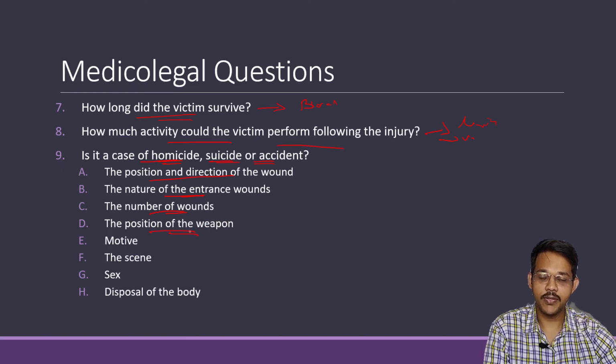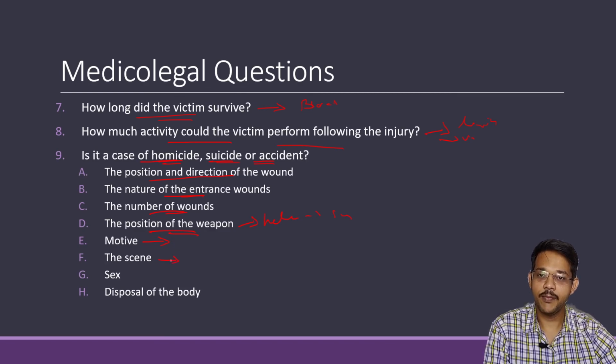Position of the weapon: in suicide cases it may be held in the hand, but it is not held by the person in case of homicide. Motive is mainly present in homicidal cases; in suicidal cases, depression may sometimes be seen.